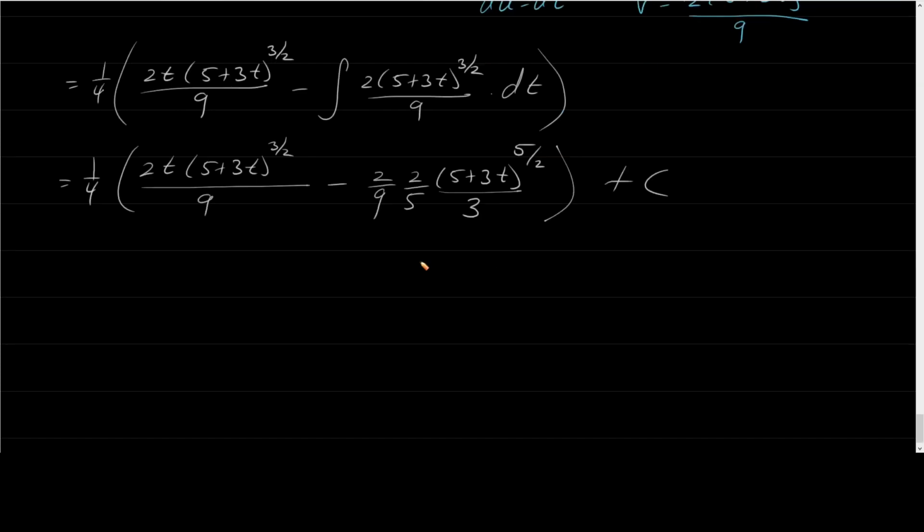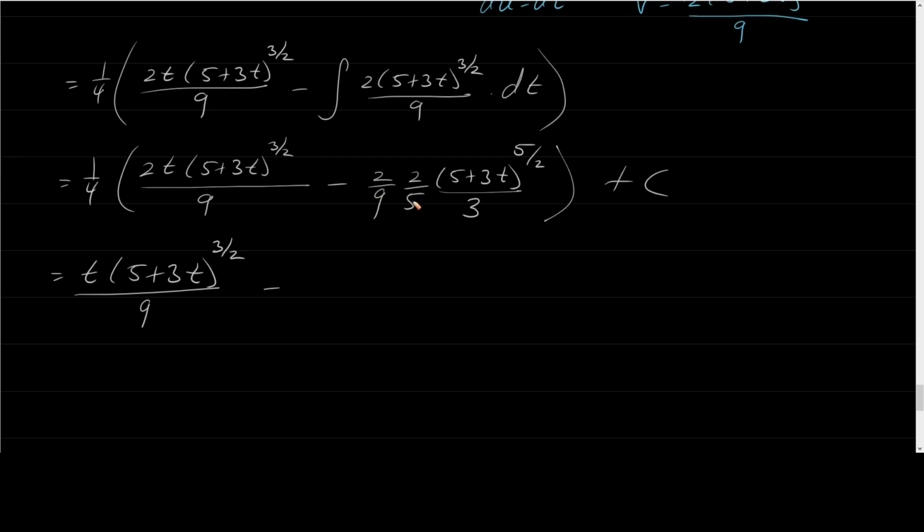Let's distribute that 1/4. If I distribute that 1/4, I end up with the 2 and the 4 reduced. So I have t times (5 plus 3t) to the 3/2, all of this over 9, minus, if I distribute this 1/4, the 1/4 and the 2s cancel each other out.